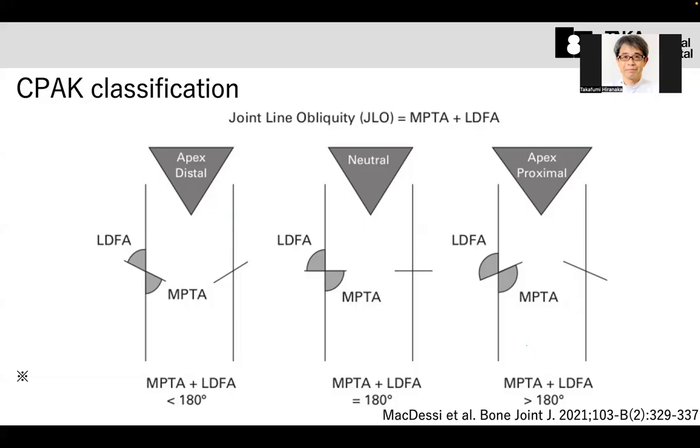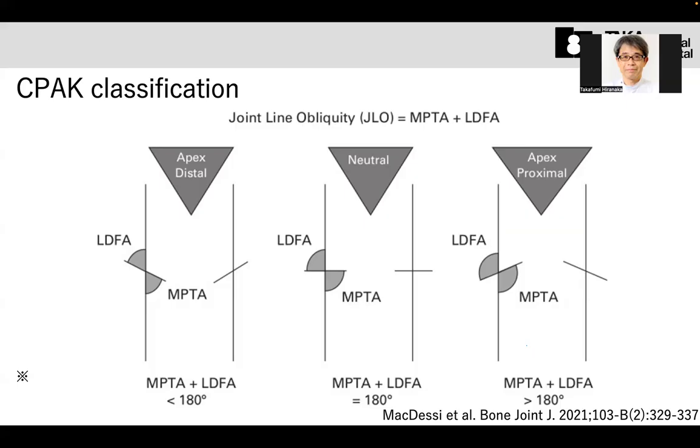If MPTA plus LDFA is 180 degrees, the joint line is neutral. And more than 180 degrees is laterally inclined, so-called apex proximal. This is the neutral. This is apex distal.